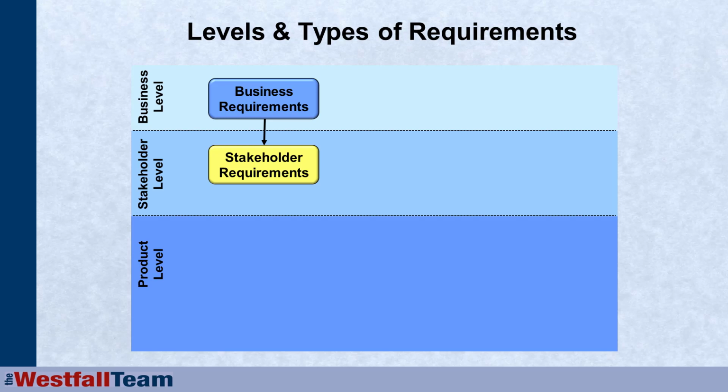But that has to get drilled down to what does the stakeholder need to do in order to implement that business requirement. And this depends on the stakeholder. For example, if you looked at that customer, the person purchasing gas, as the stakeholder, they're going to need to be able to scan their credit card, they're going to need to be able to enter their PIN, they're going to need to be able to select the type of gas they need.